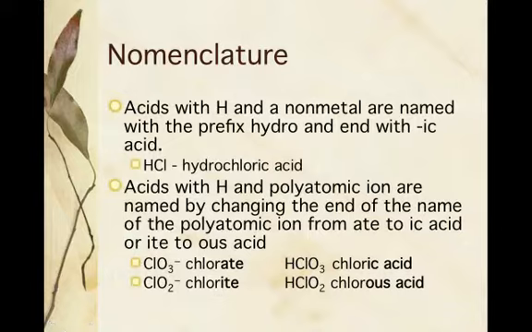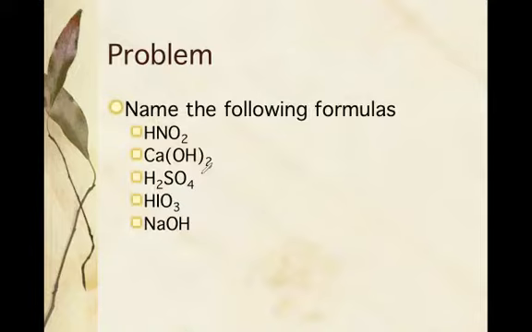So let's name these acids. What's the first one? Would we use hydro? No, because it's a polyatomic ion. So you have to look up NO2. NO2 is nitrite, so it's nitrous acid.